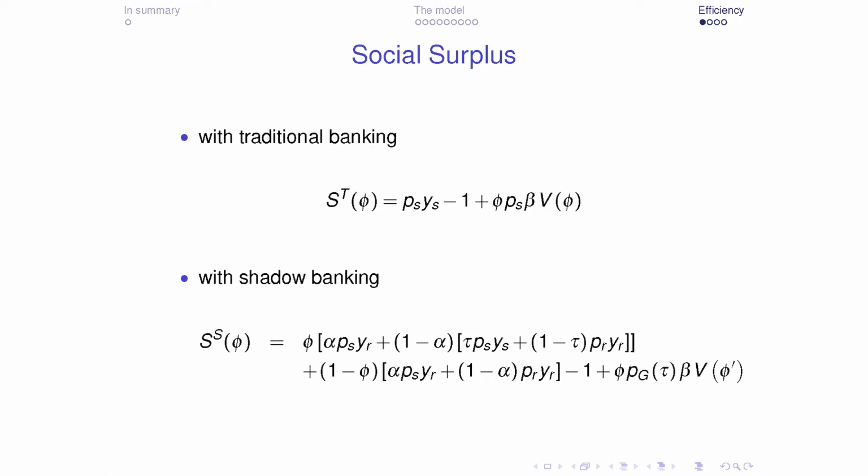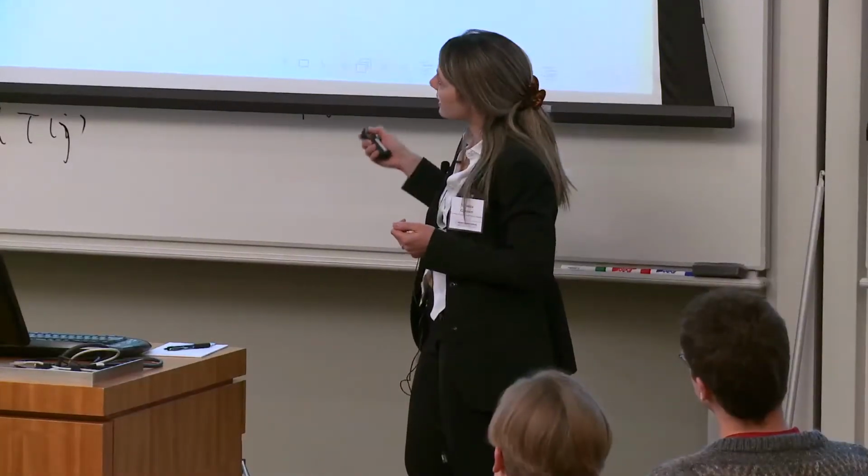And this is the value of reputation for the good bank. In the shadow banking system, this is going to be the payoff, and then the cost is still 1, and this is going to be the continuation value coming from the reputation. We have already seen what the value is for the good bank.